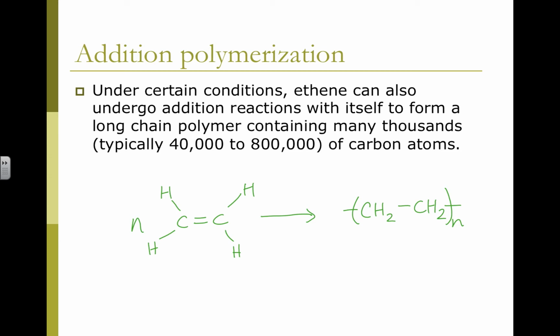And what happens is that we have thousands upon thousands of these individual, usually relatively short alkenes, and the double bond breaks open, and they're going to all add on to each other where these open bonds are. Okay, this is the premise for the entire plastics industry. It's kind of a big deal.